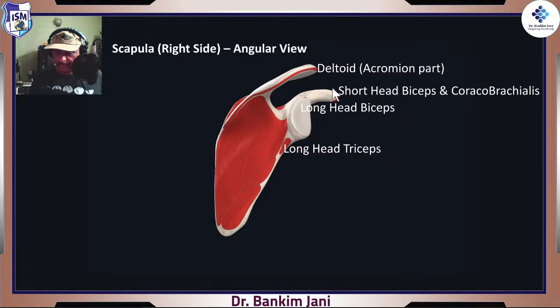Here it is, short head biceps and long head biceps. So long head biceps done, long head triceps done. That is all, teres minor, teres major, supraspinatus, infraspinatus.